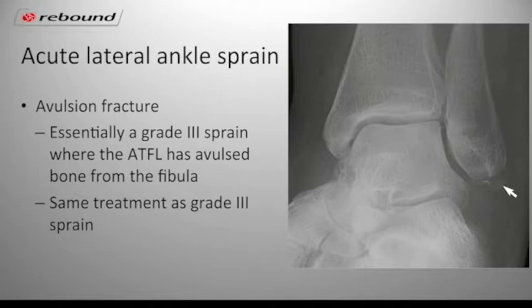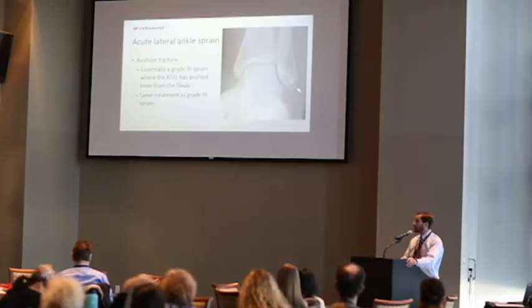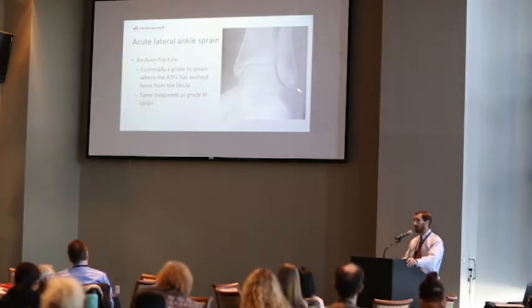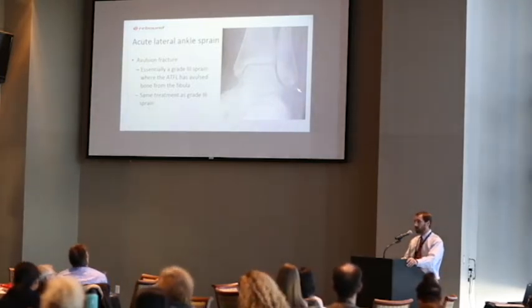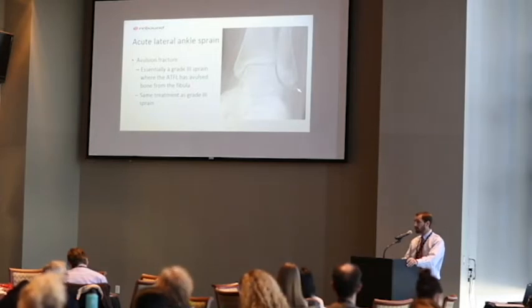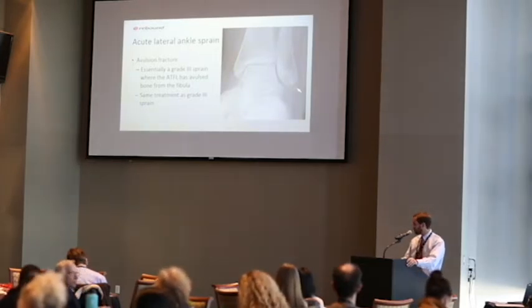Generally, it doesn't have a different recovery than a bad sprain. And again, I treat it the same way with RICE therapy, early range of motion, and bracing. It's pretty rare that I have to go in and do something to that piece of bone or the ligament that's attached to it.